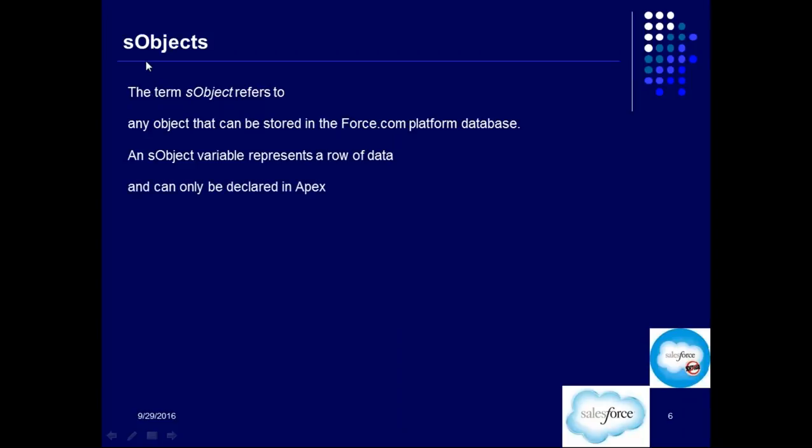As I told you, SObject is something which is only known to Apex. You cannot define an SObject in any other programming language. So this is a type of variable which can hold a complete row of data, a full record.